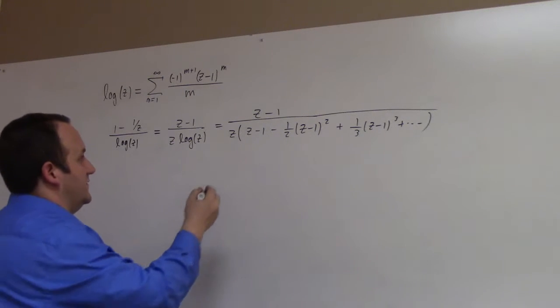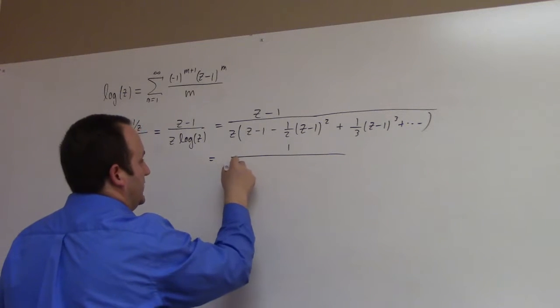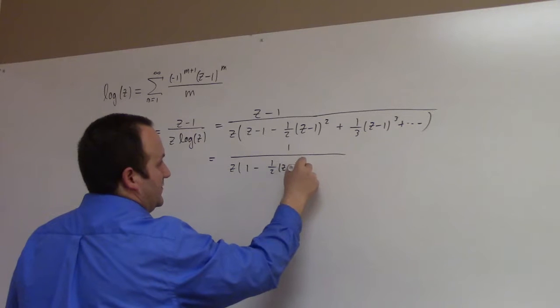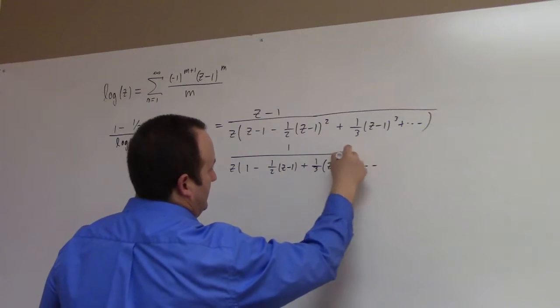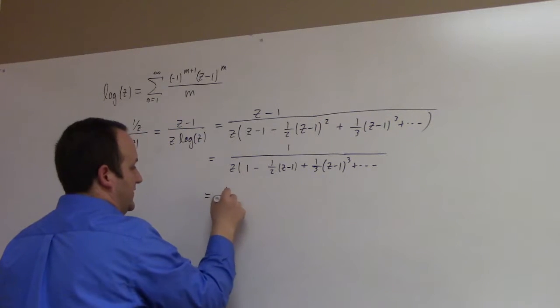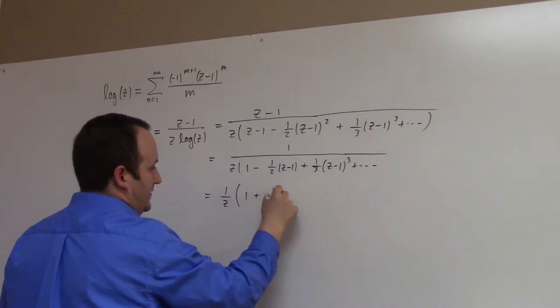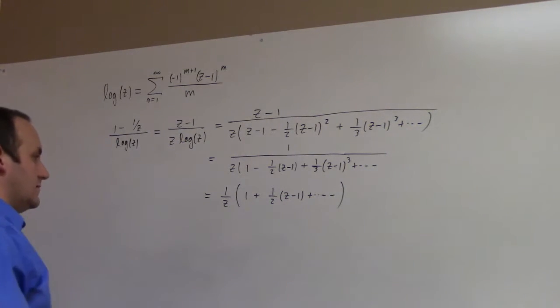So, of course, this is really just 1 over z times what? 1 minus 1 half z minus 1 plus 1 over 3 z minus 1 cubed plus and so on, right? Which is 1 over z times 1 plus 1 half z minus 1 stuff, whatever.